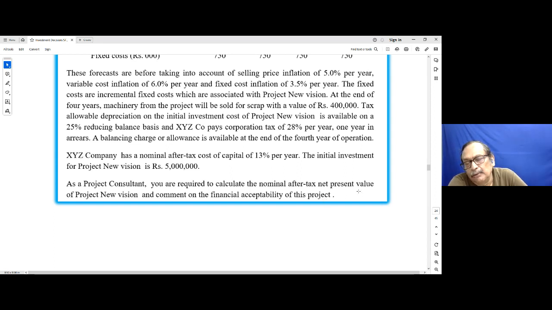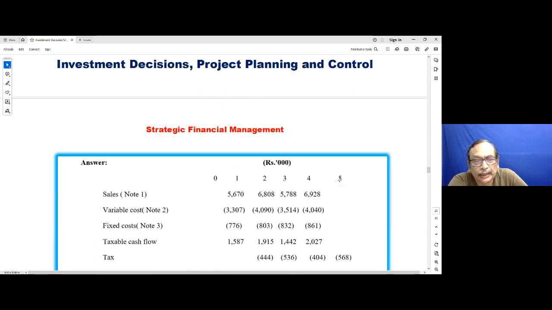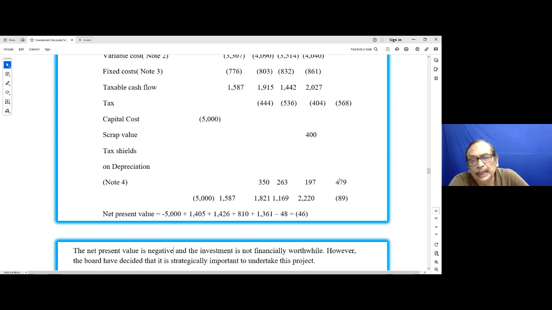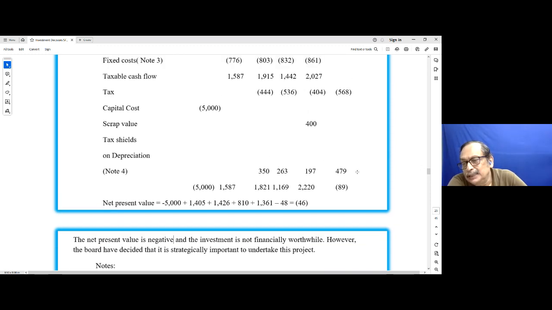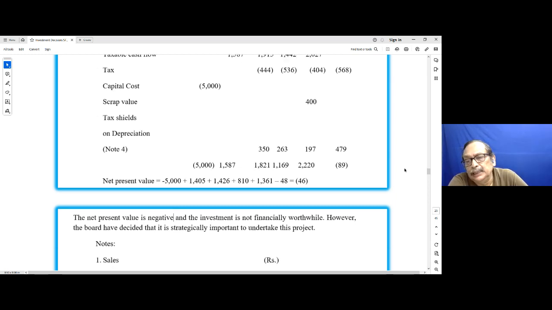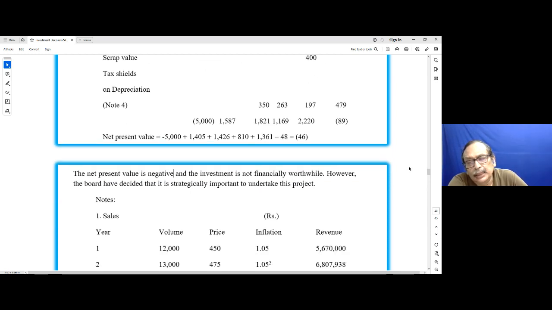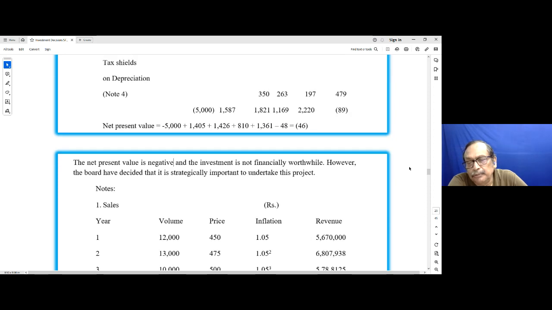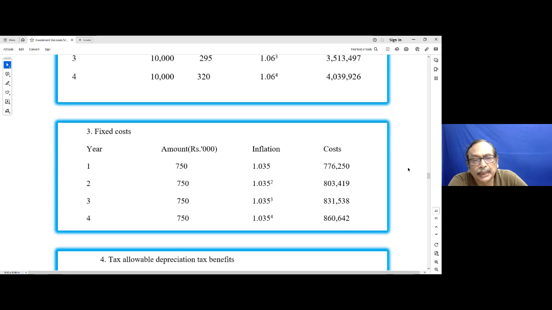In that manner, you can calculate the discounting factor, and we calculate the net present value, that is 46,000, that is negative. But we are not in a position to reject this particular project on the ground that it is not financially worthwhile, because it is strategically important, so we have to undertake the same. Hope you have understood what I have said.